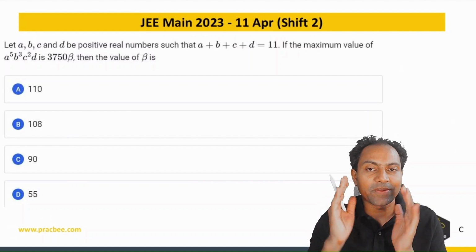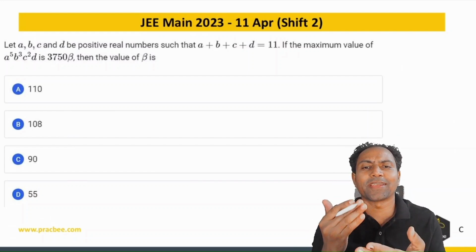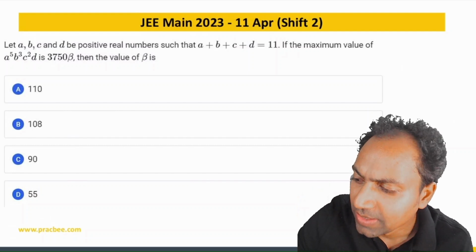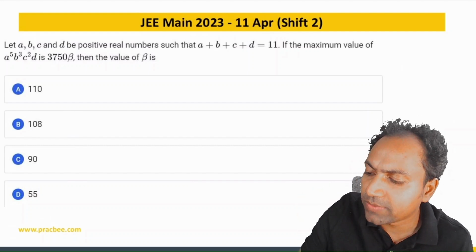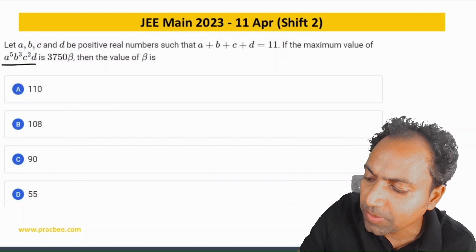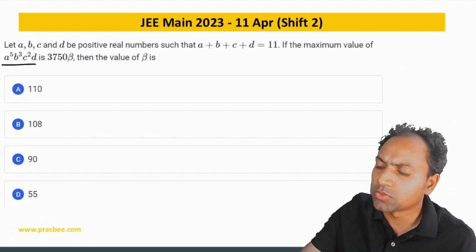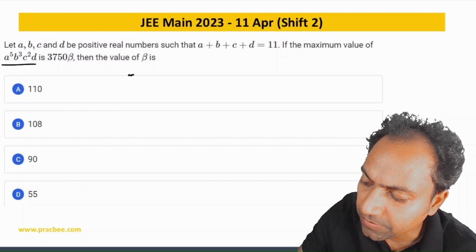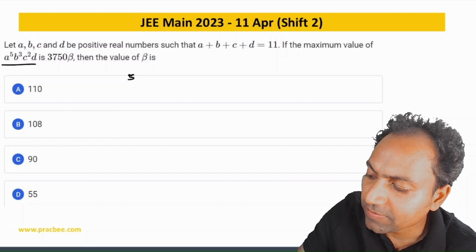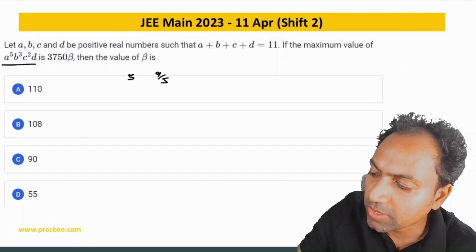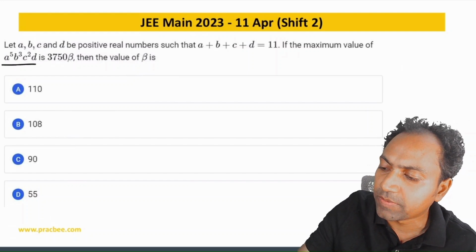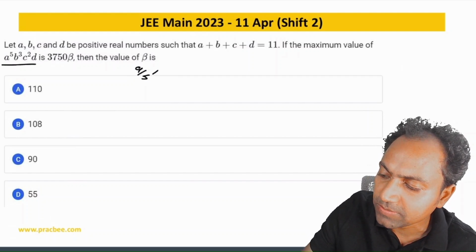The first way of applying this idea is something like a weighted mean situation. In this question, what they're asking is a raised to the power 5 b cube c square d. So what we are saying is, if I take 5 terms of a by 5, a we are splitting into 5 different parts, so a by 5 we are taking 5 times.